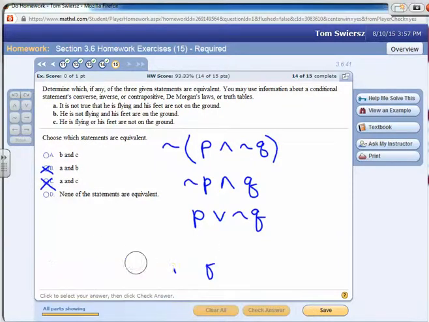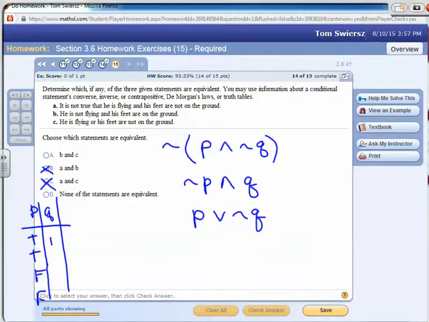So what we'll do in this one is a truth table. So again, we'll do P and Q. We've got true, true, false, false for P, and true, false, true, false for Q. The first one is we've got to negate P, so we make it false, false, true, true.